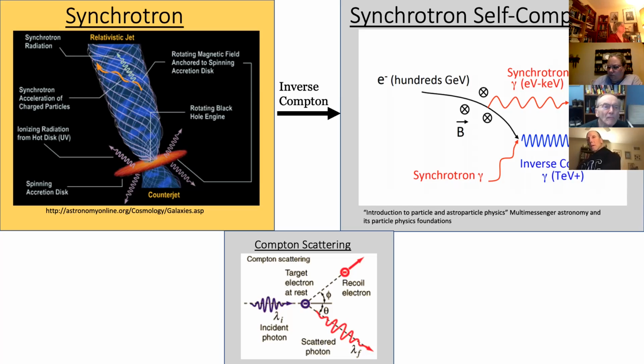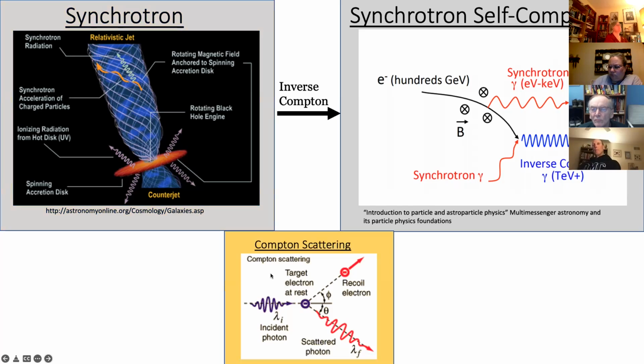There's a large spectrum that covers synchrotron radiation. In the case of blazars, especially Markarian 421 that I'm dealing with, that I'm biased towards, synchrotron radiation is emitted in the X-rays. Okay, so the energy of this light is then increased through something called the inverse Compton effect.